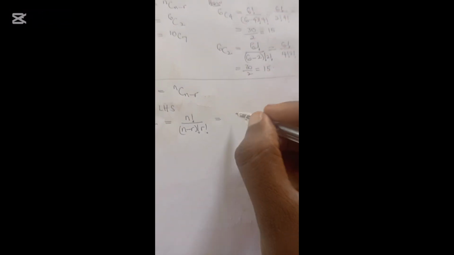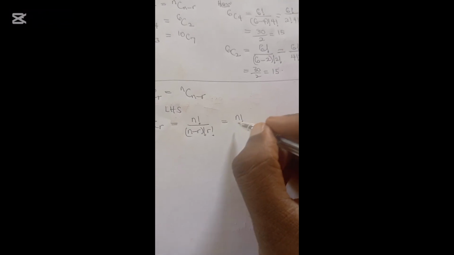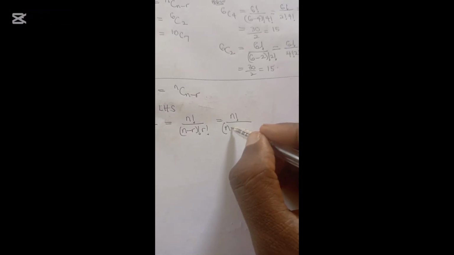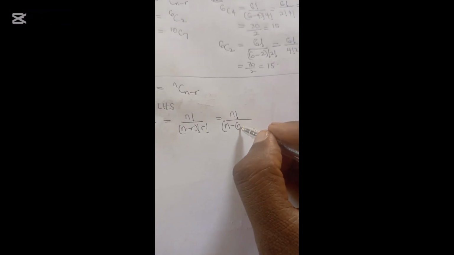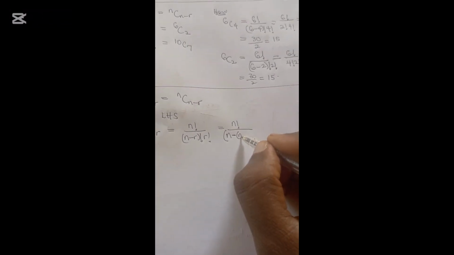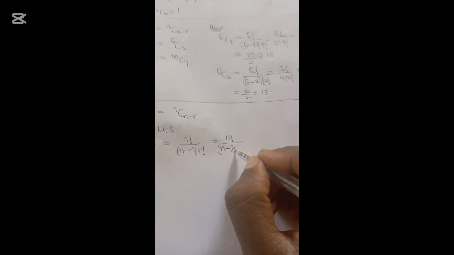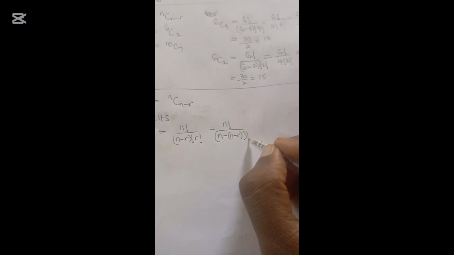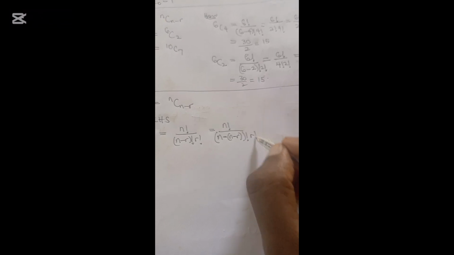From the left hand side we have n combination r, and from the definition we know that this is n factorial over n minus r factorial, r factorial, and later this will give us n factorial over n minus bracket open n minus r, factorial, r factorial.